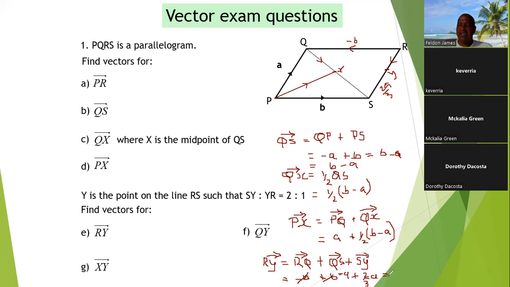That would give you a negative 1/3 of A. And that would be the answer.